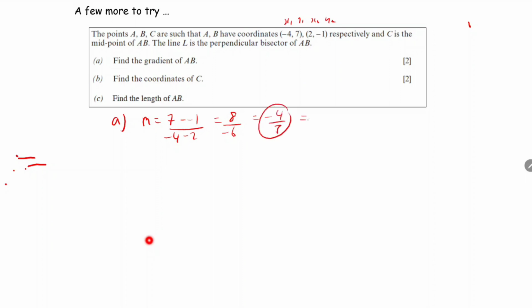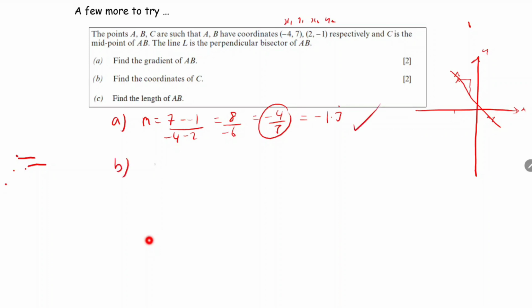So it's a negative gradient of minus 1.3 recurring. See if it makes sense. Y and x. So minus 4, 7, for point A, 2 and minus 1 for point B, and it seems like it's a line that's going down. For every 1 across, we go 1.3 down.